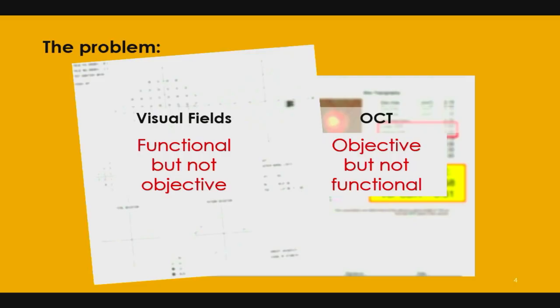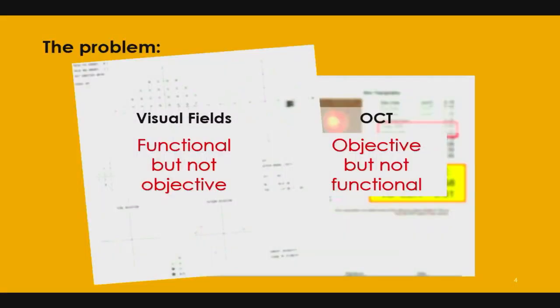The challenge we have with these tests is that OCT is objective. You take a picture of the structure, but it doesn't tell you the function. Of course, you can make inferences about the function. If you see a healthy-looking person, you expect that the person will be healthy. But if the person has HIV, the person will look healthy, but the person is not all there. Then we have a functional test, the VFT.